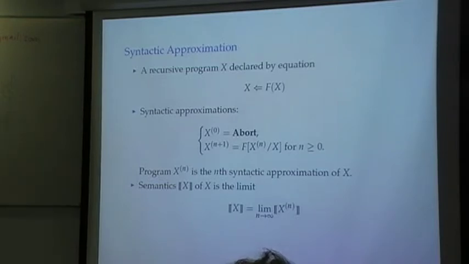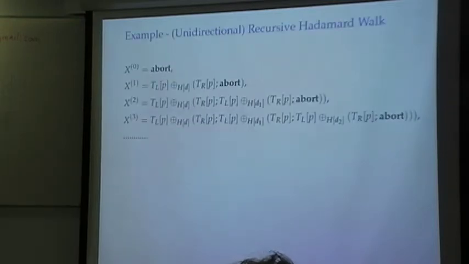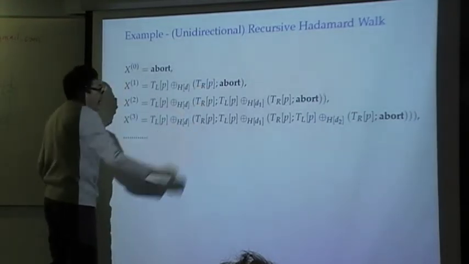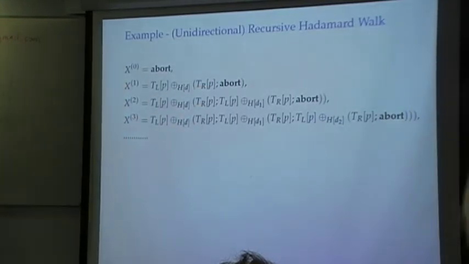Now we apply this method to the recursive Hadamard walk. Of course, x0 is just abort. For x1, we use abort to replace X in the declaration of the equation.